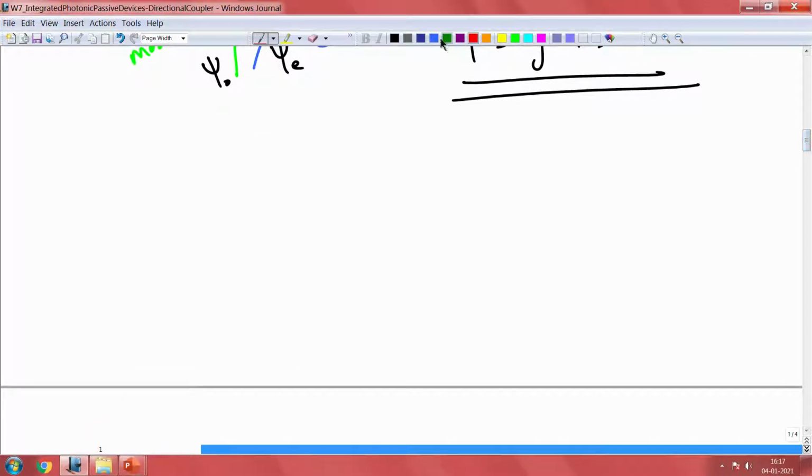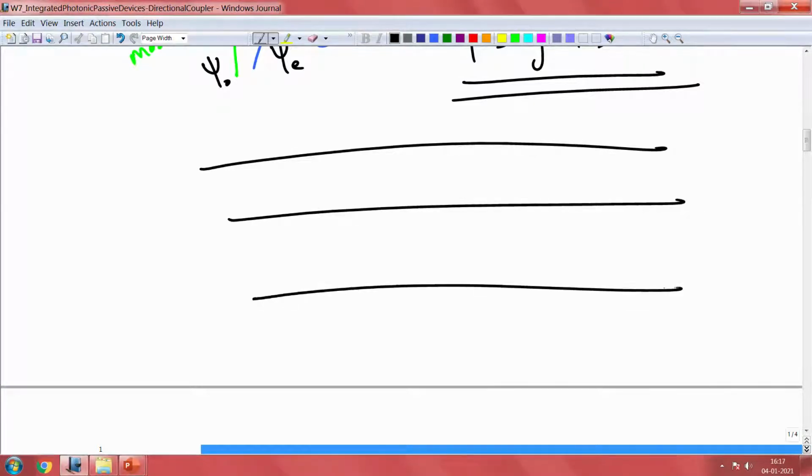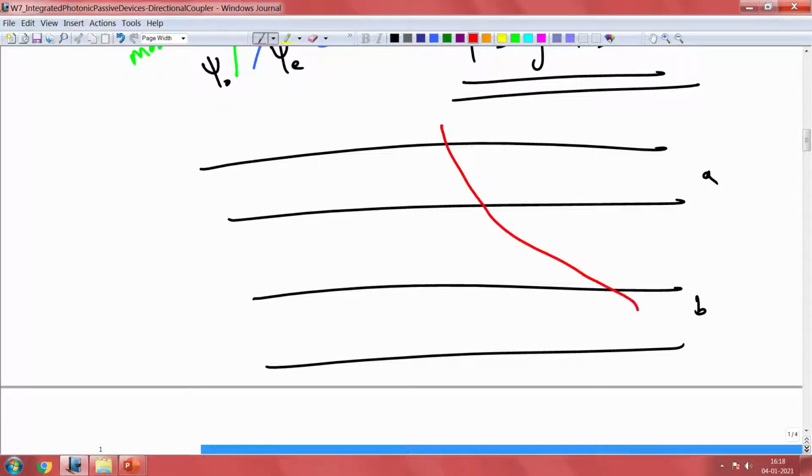So, if you take two waveguides here, again A and B, there is a complete shift here, and as it propagates through the system, you could have a complete power transfer to B. This is our total field, and you will have a similar kind of even and odd.